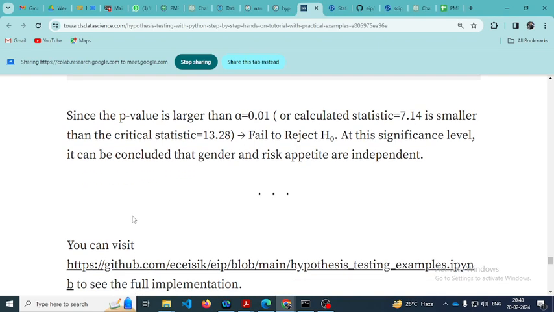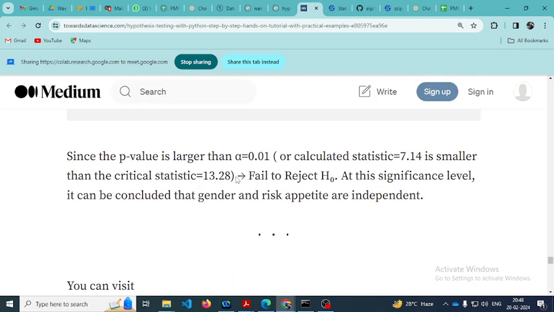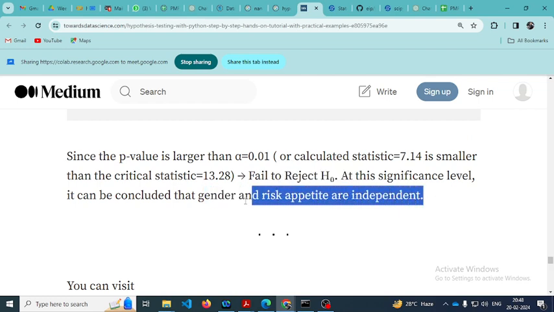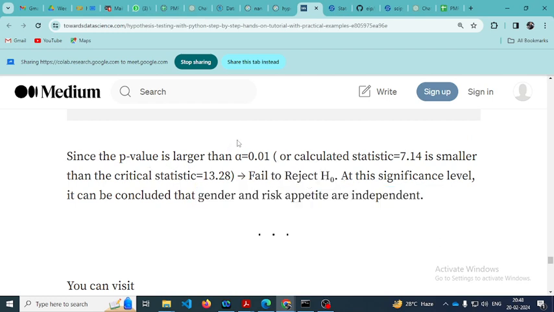So we can conclude, based on these values, that we fail to reject the null hypothesis. The p-value is larger than this particular alpha.